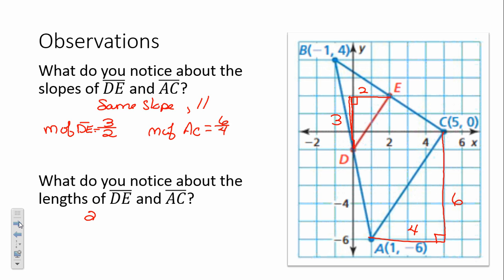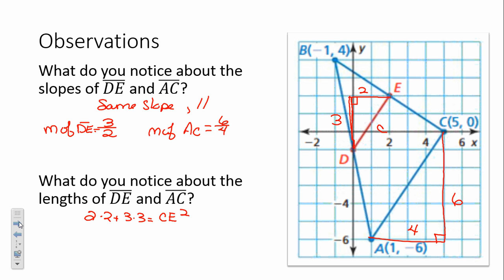Okay, he says 2 times 2 plus 3 times 3 equals CE times itself. Does everybody agree with him? How did he know that, or what is he using? Oh, it's like the slope. He's finding the hypotenuse, right?